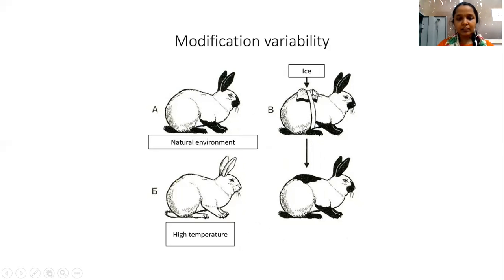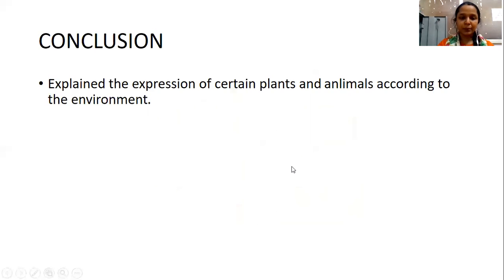But if we shave a certain part of its fur, and place an ice pack on that particular place, after some time we will come to know that the region where we shaved, where we removed the fur, instead of having white fur, will have black fur. So in a different environment, the phenotype of the individual will vary. But whatever these rabbits are, they are all carrying the same kind of genotype.